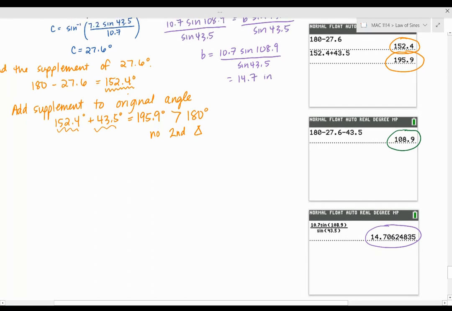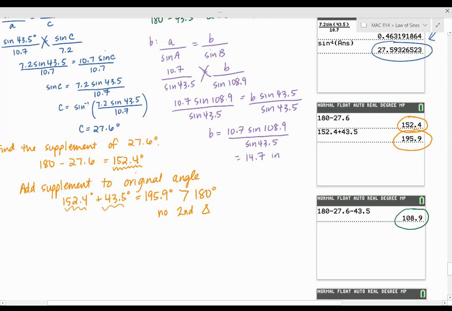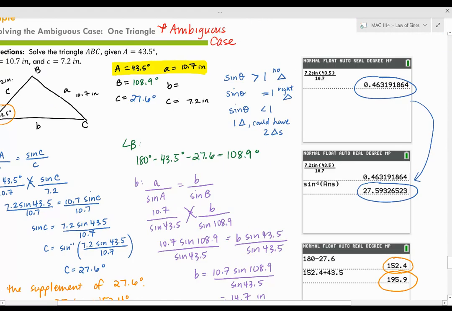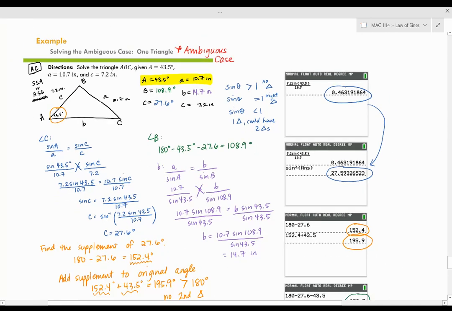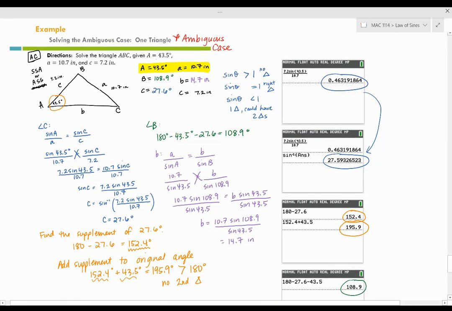That's going to be inches, because that's what our sides are measured in. So 14.7 is side B. Since my chart is completely filled in, these are going to be my answers. I found all three angles and all three sides. So we're complete. Awesome.